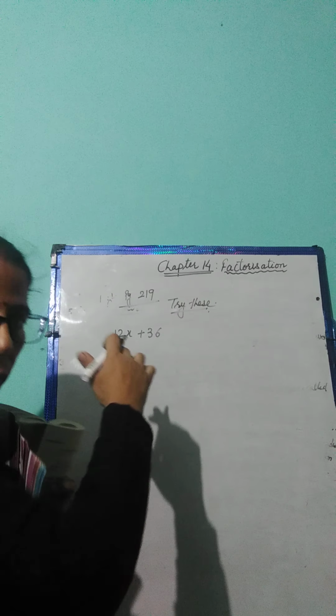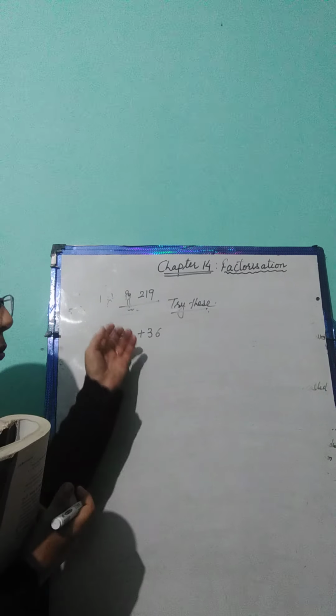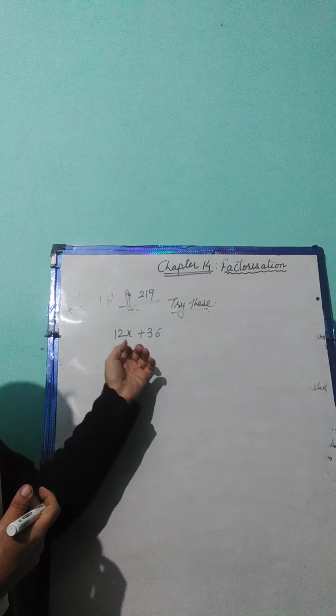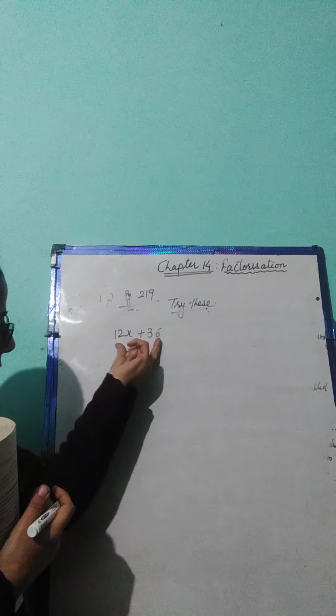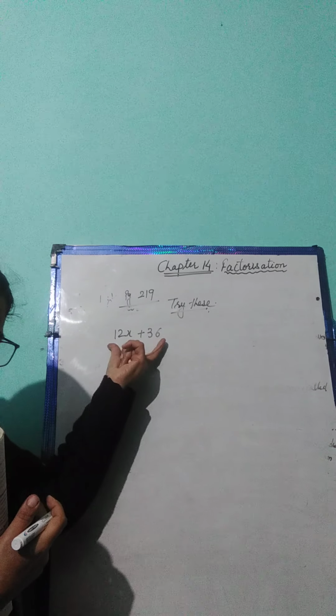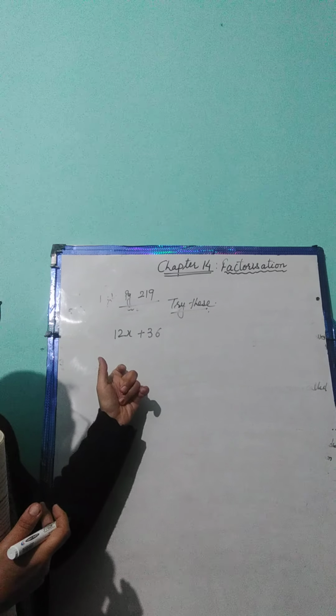Just think, directly instead of writing into the prime numbers 2 into 2 into 3, can I think here that in the table of 12, 36 comes. 12 3s are 36.